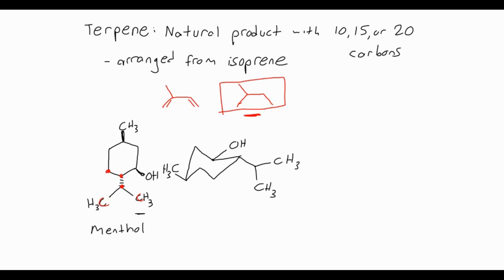That's one isoprene unit. And we can see that underlying structure here. Same as our isoprene. And then maybe another isoprene unit can be here. 1, 2, 3, 4. And then this carbon will be 5. And that's going to be, again, another isoprene unit. So menthol has 10 carbon atoms, and that's what we call a monoterpene.